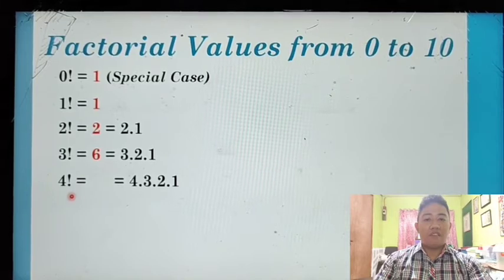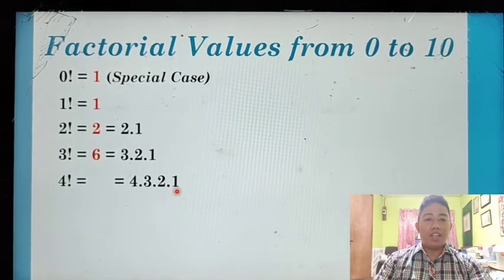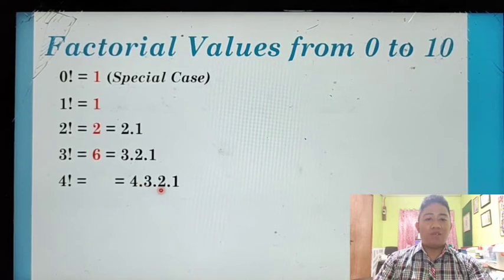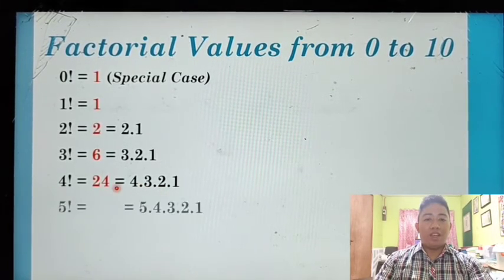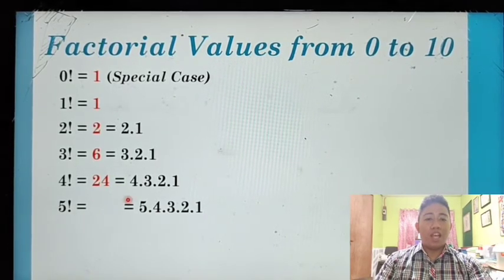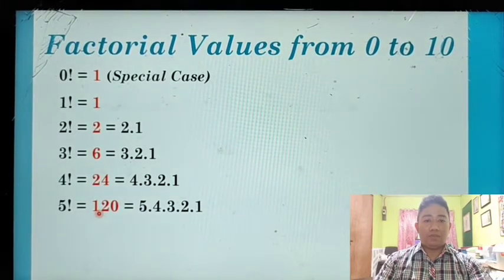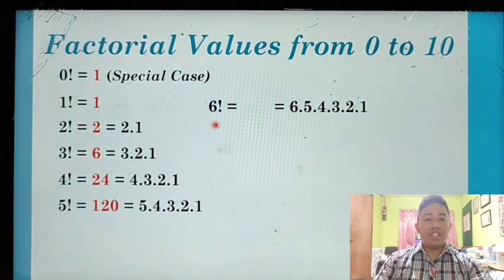Okay, next, 4 factorial is equal to 4 times 3 times 2 times 1. So 4 times 3 equals 12 times 2 equals 24 times 1, which is 24. We have 5 factorial, so 5 times 4 times 3 times 2 times 1, so 24 times 5, we get 120. The next one is 6 factorial.